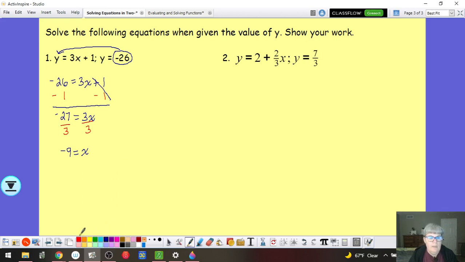And even when we have fractions, we can do the same thing. Take this 7/3 and substitute it for the y. So we have 7/3 equals 2 plus 2/3 x. To undo this positive 2 that's being added to the 2/3, we need to subtract it.